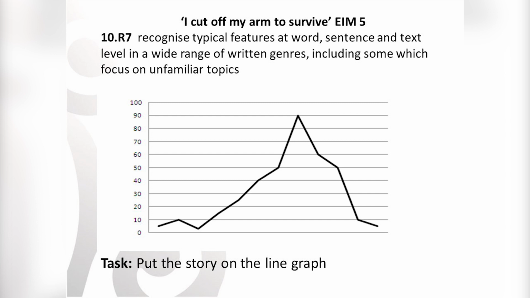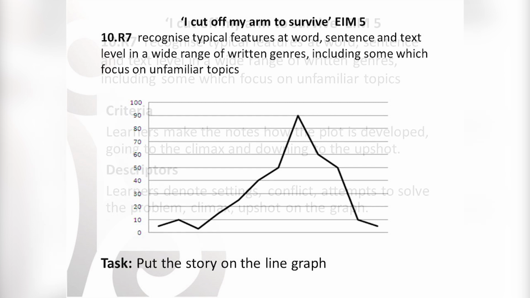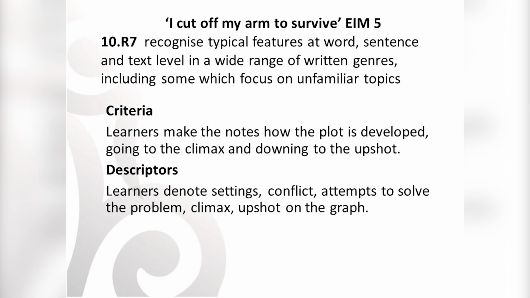Put the story on the line graph. Criteria. Learners make the notes how the plot is developed, going to the climax and down into the upshot. Descriptors. Learners denote settings, conflict, attempts to solve the problem, climax, upshot on the graph.